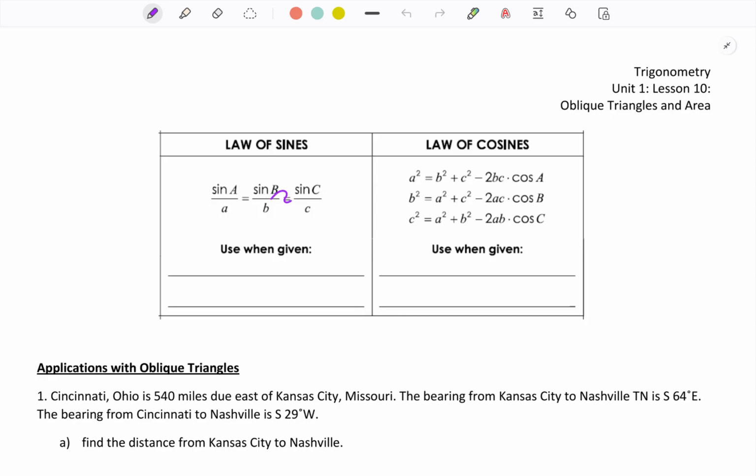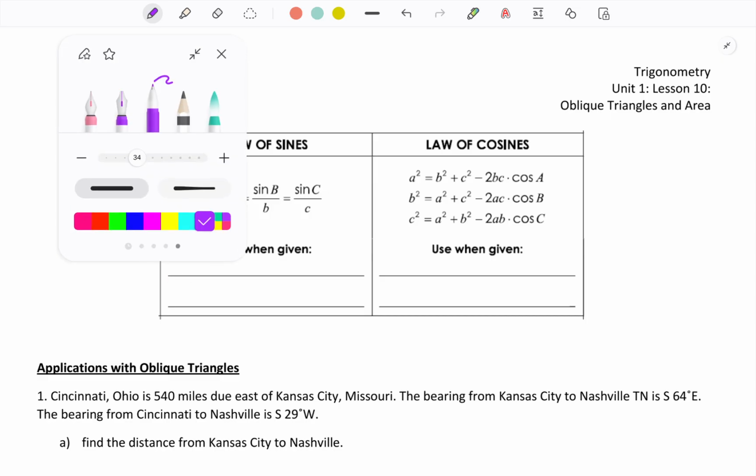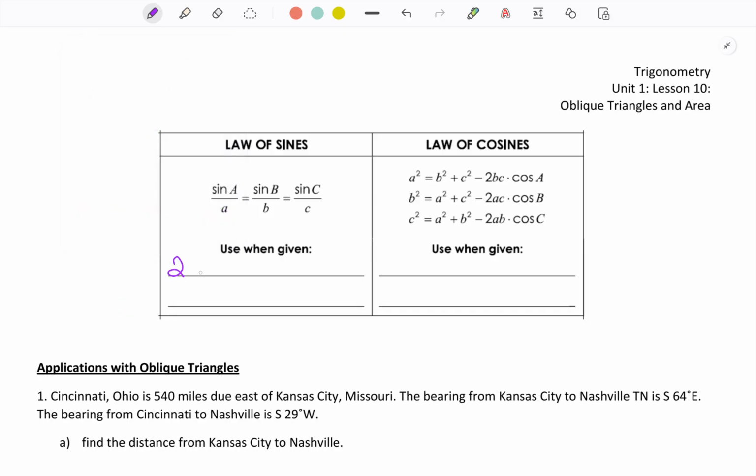So for the law of sines, we have sine A over a equals sine B over b equals sine C over c. And as we remember, we only use two pieces of this. So we're only going to use this when we're given two angles and a side.